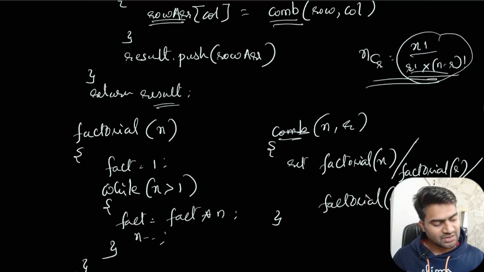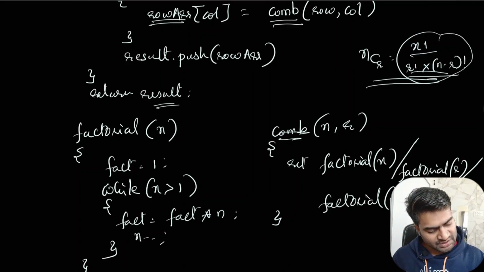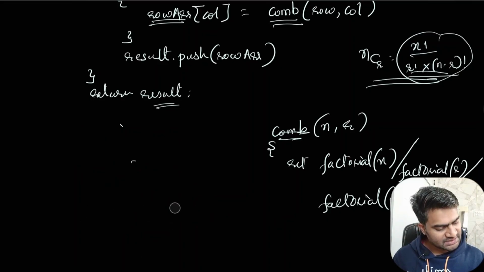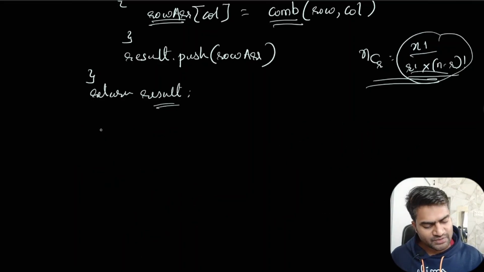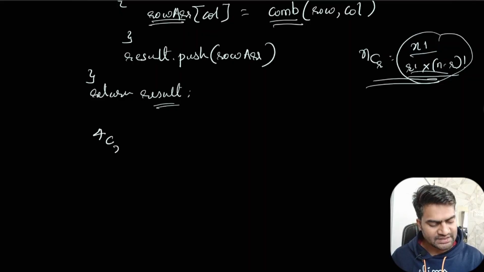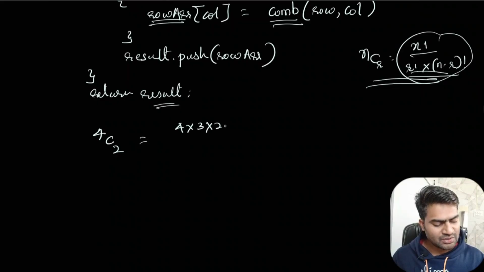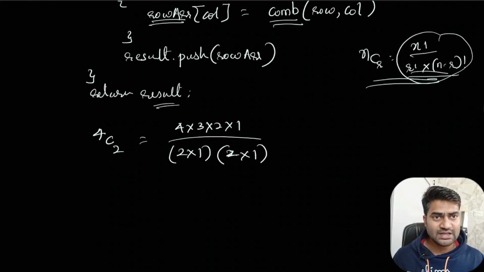One more thing we can do is, I will simply remove these things. Assume we have 4C2, then how can we compute it? One way would be the standard 4 into 3 into 2 into 1 divided by 2 factorial, which is 2 into 1, then 4 minus 2 factorial is 2 factorial, again 2 into 1. This is one way.